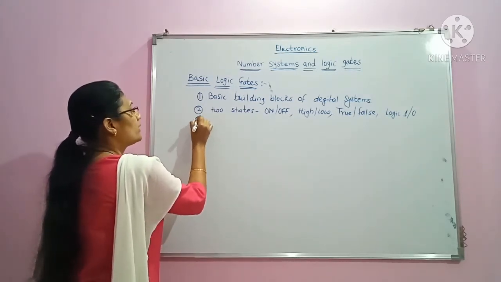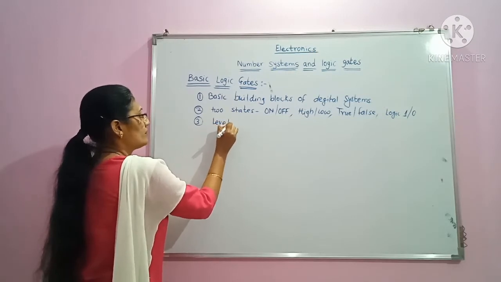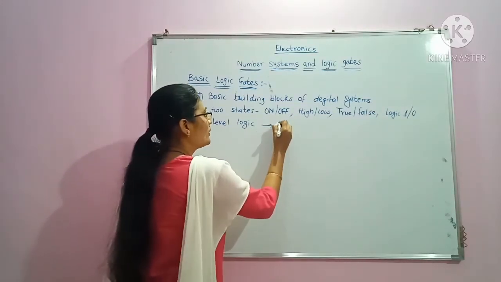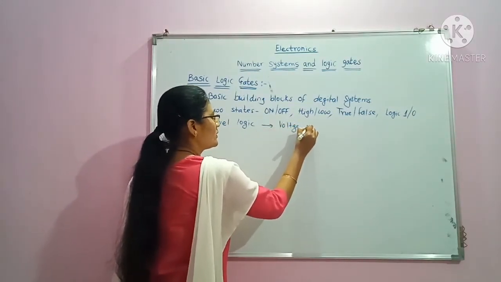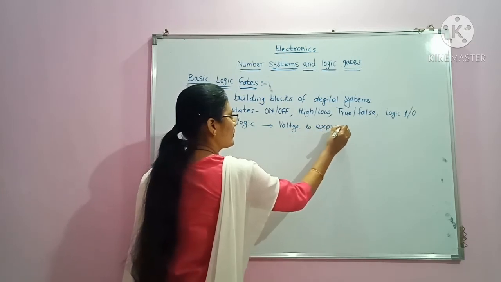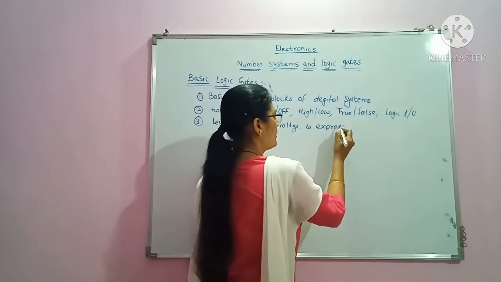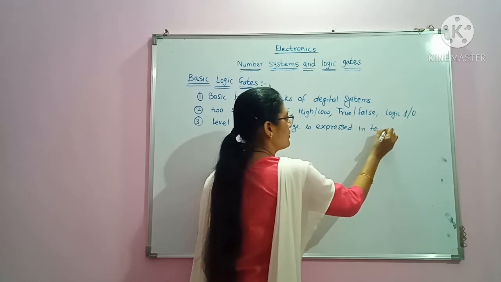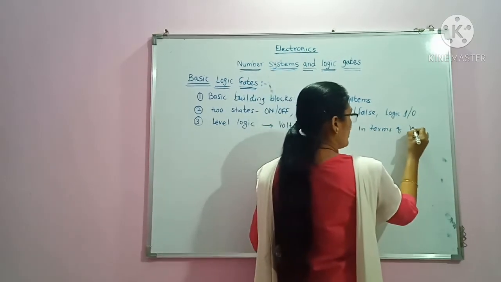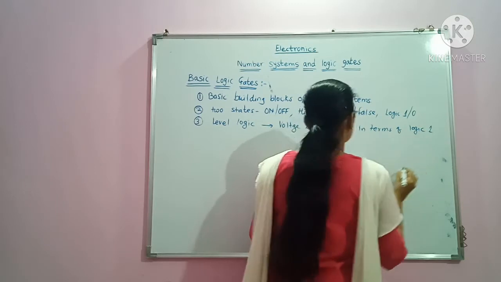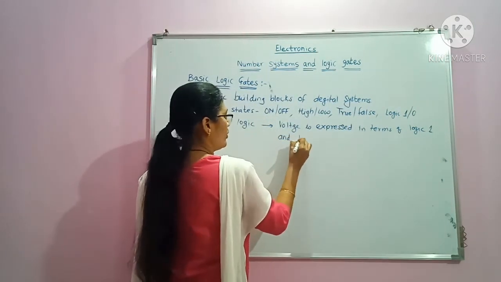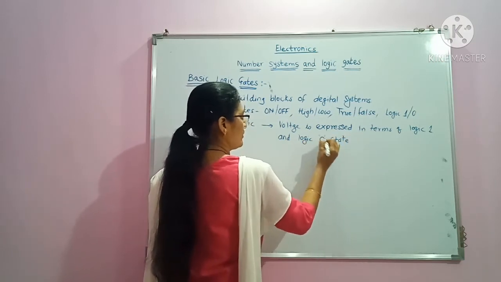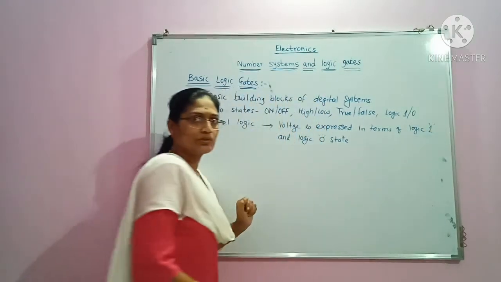Then third, we are dealing with level logic, and this level logic is nothing but the voltage expressed in terms of logic 1 and logic 0 state.